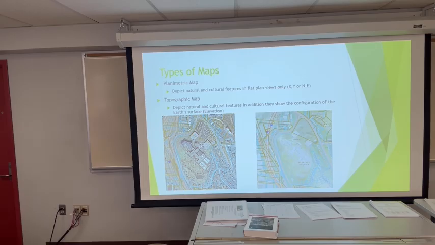Again, that's Cincinnati State, and I think everybody who has been here on campus knows that the campus sits on top of a hill. There are quite a few contours in that picture. So planimetric is flat, plan, and topographic is a 2D representation of the 3D surface, I guess would be a good way to say it as well.